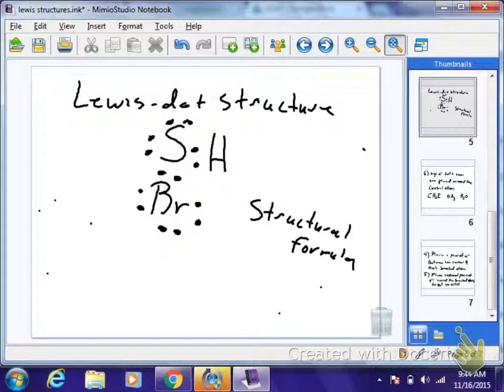Structural formula will look like this. Same S, H, Br. Then for every pair, I'm going to draw a line between the 2. There's my pairs. They're aligned now. Okay? I already showed you that, right?